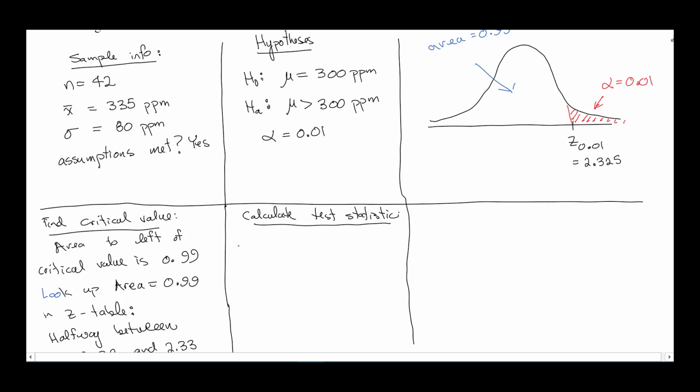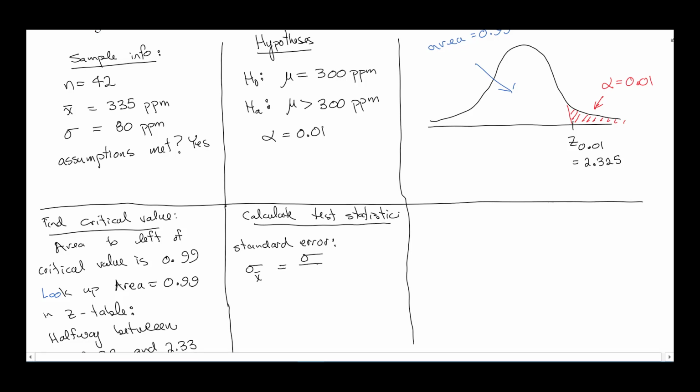Okay, so the first thing we need to do our test statistic is the standard error. Our standard error, that is the standard deviation for all the x bars, which is going to be, and actually I don't need the approximately equal here because this is actually equal.